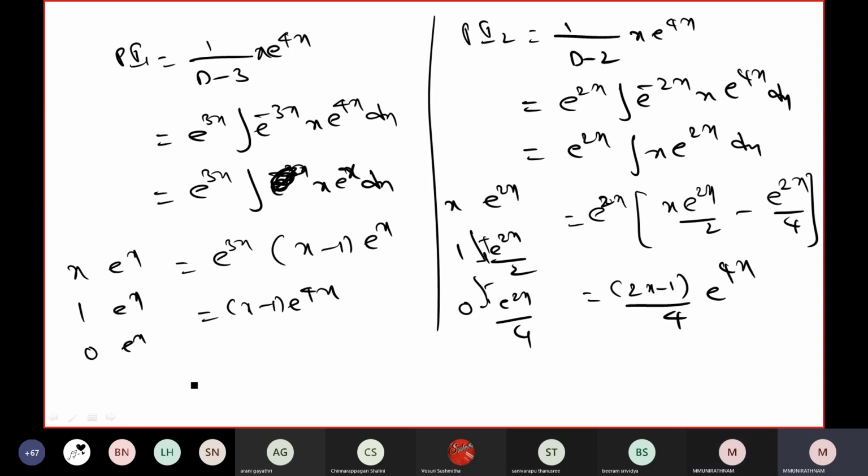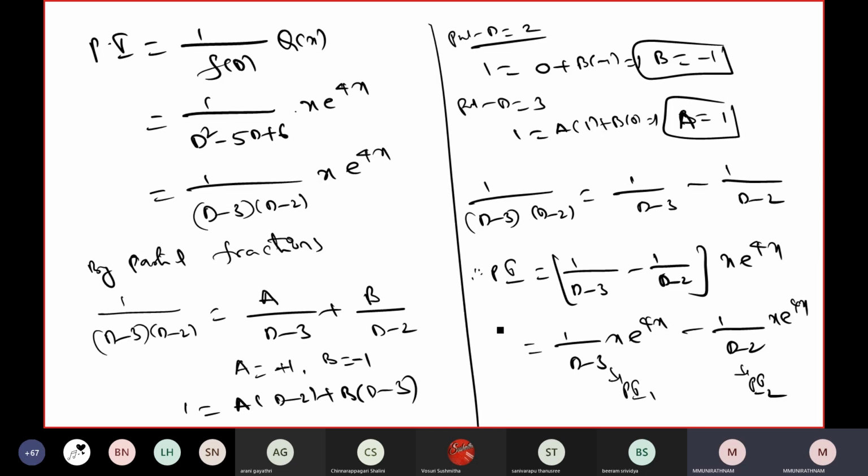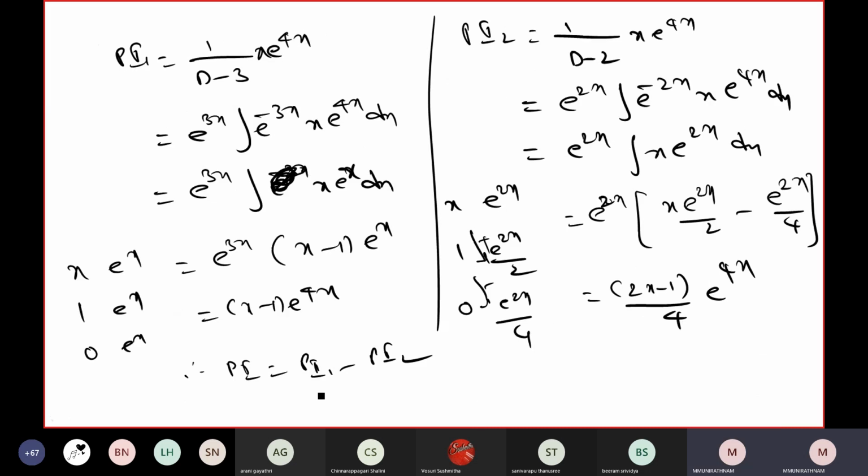ఓకేనా? కరెక్టేనా? So therefore pi equal to pi1 minus pi2 amma. Minus will be there. Minus changing, x minus 1 e power 4x minus 2x minus 1 by 4 e power 4x.